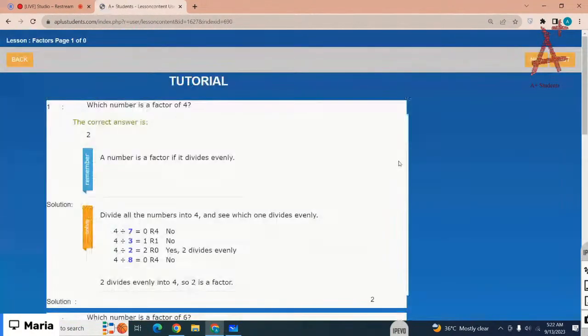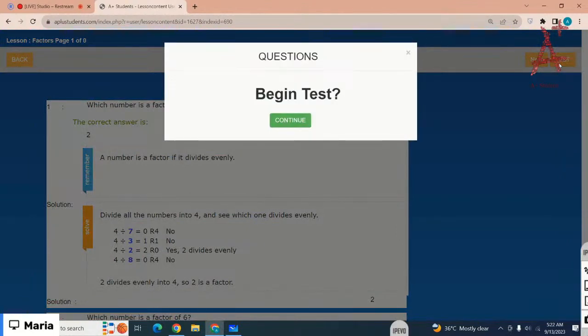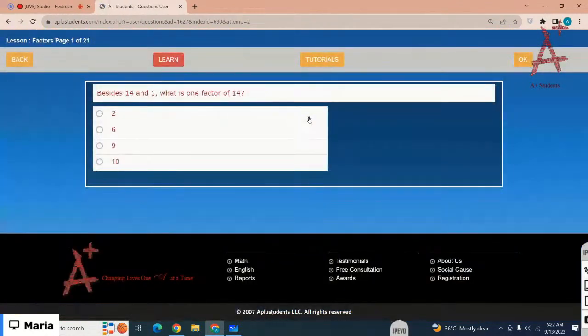Okay, let's practice questions. Besides 14 and 1, which one is a factor of 14? You are given four options.